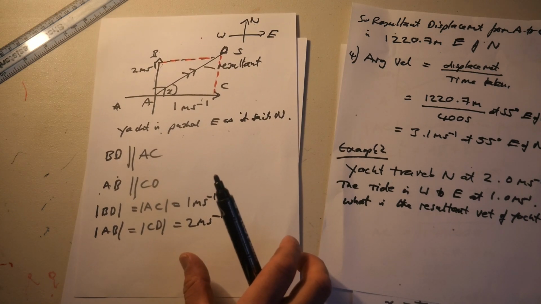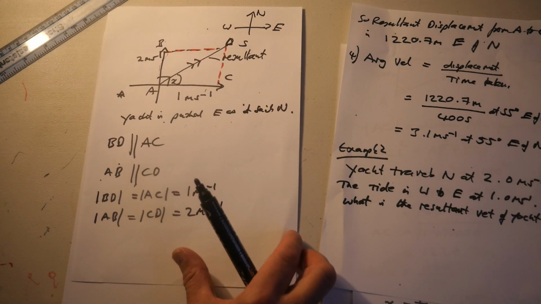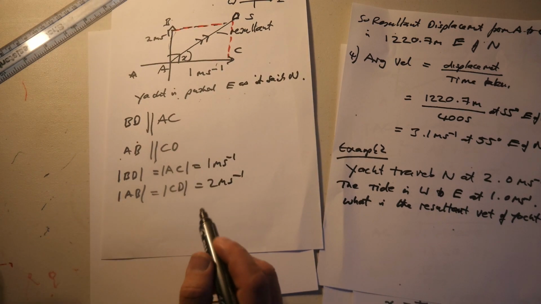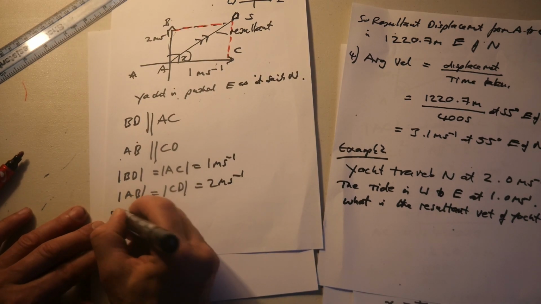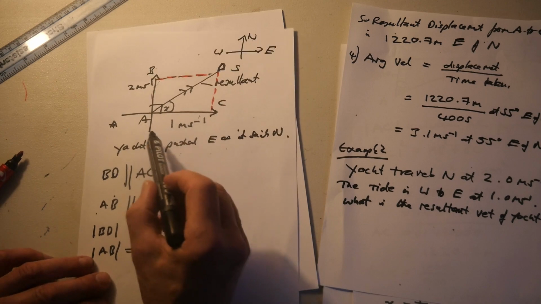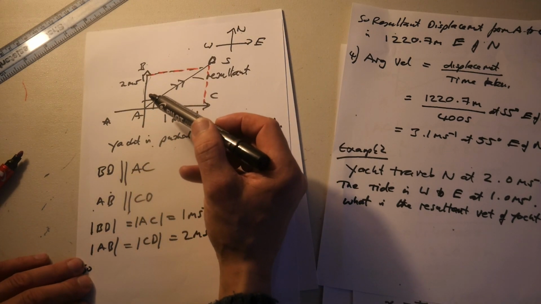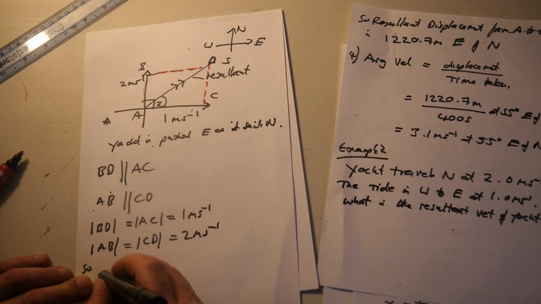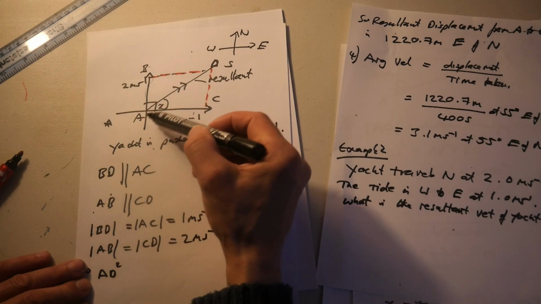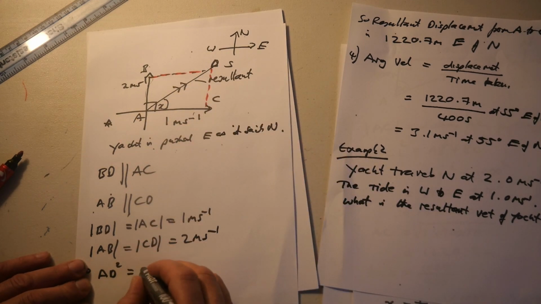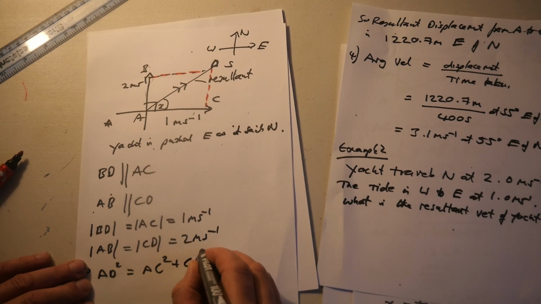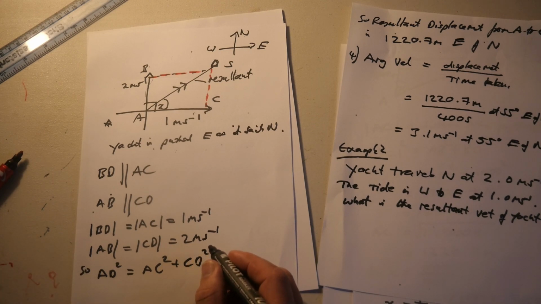So we know that AC, so AD squared by Pythagoras, this length is equal to AC squared plus CD squared, okay?